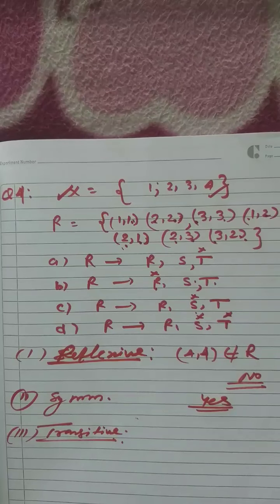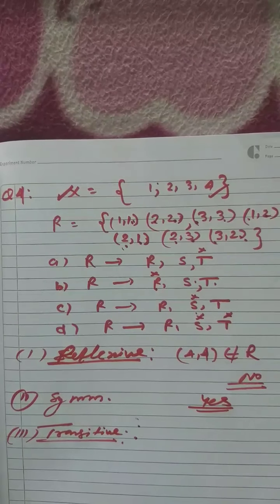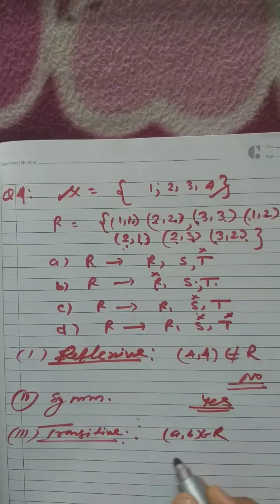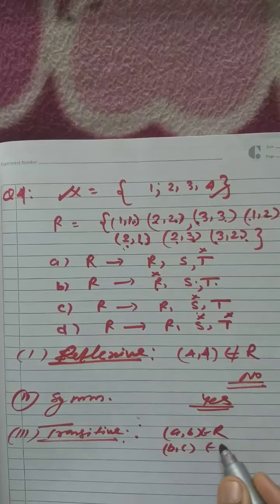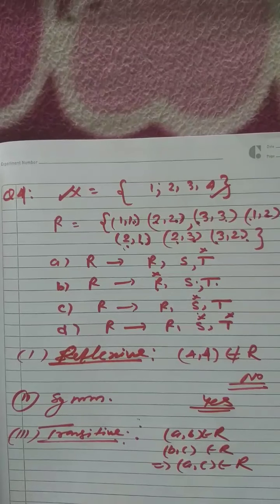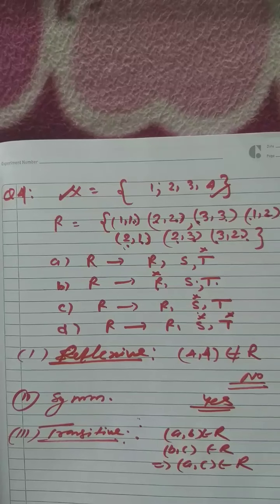Now check it. The condition for transitive: if (a,b) belongs to R and (b,c) belongs to R, then (a,c) must belong to R. Check whether all elements satisfy this condition.